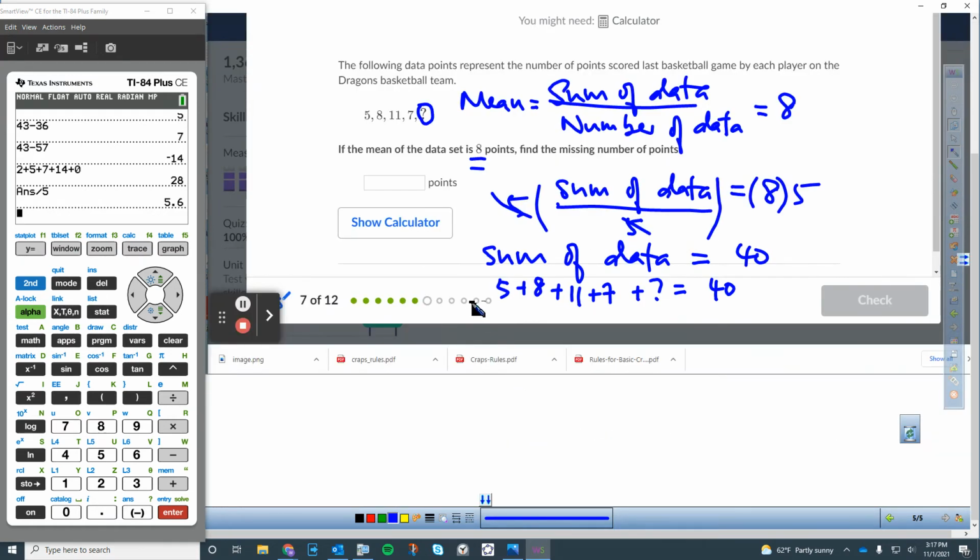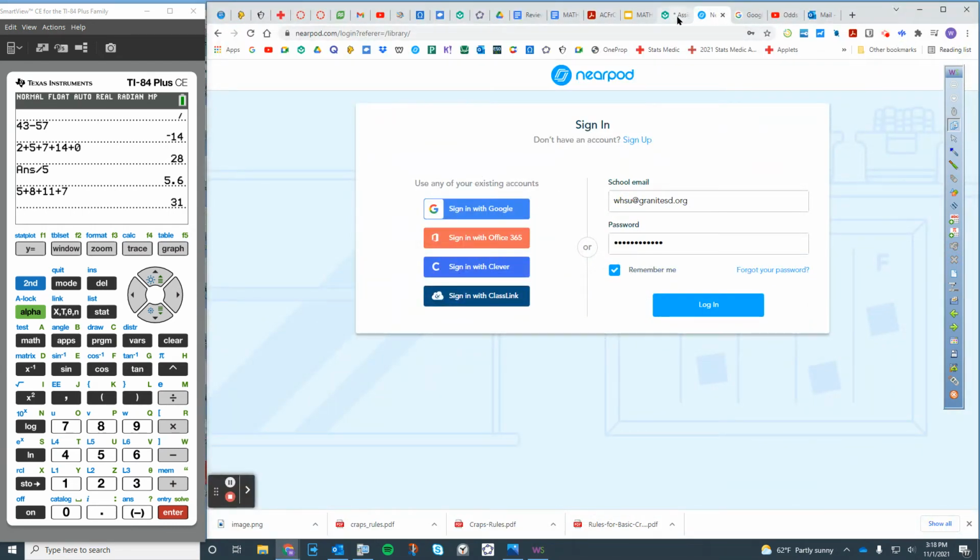If I add those first four numbers up, 5 plus 8 plus 11 plus 7, that gives me 31, right? All these numbers add up to 31, plus this mystery number, and that gives me 40. That mystery number has to be 9. The question mark has to be 9.